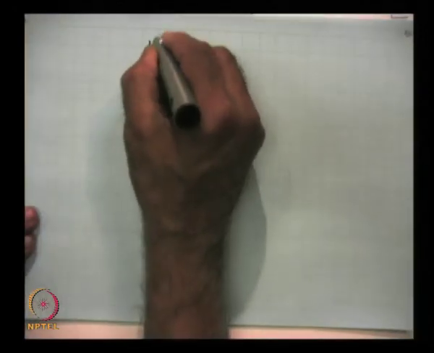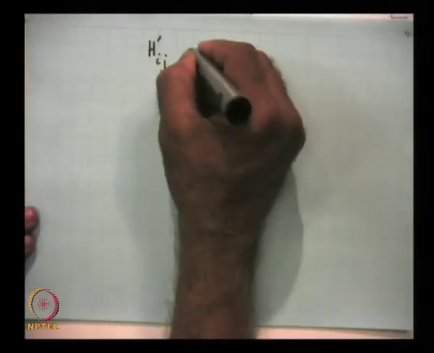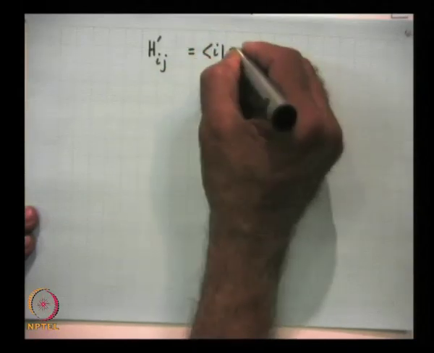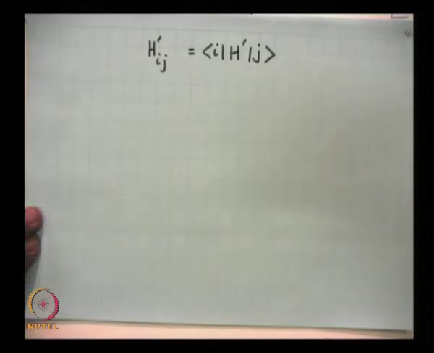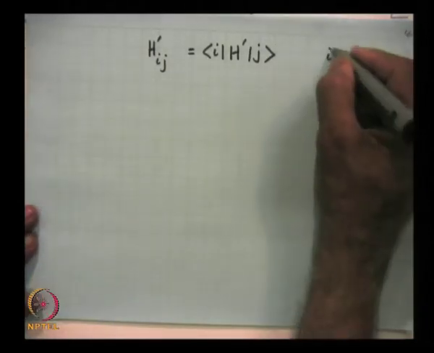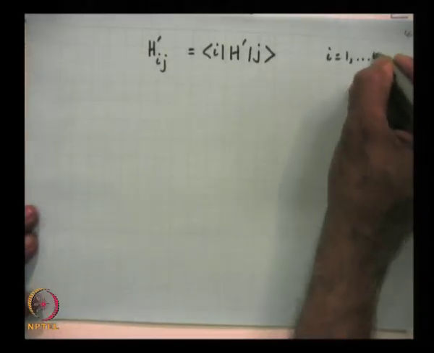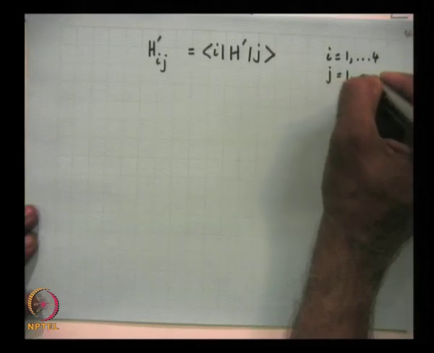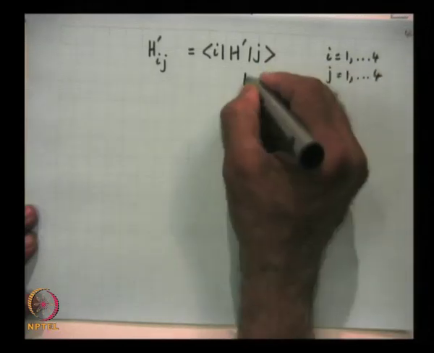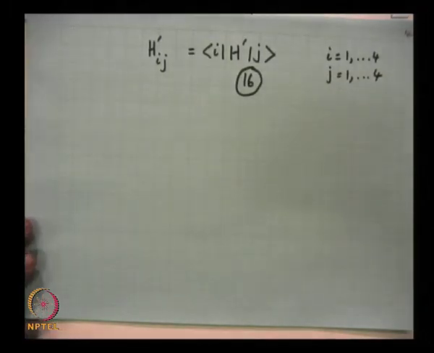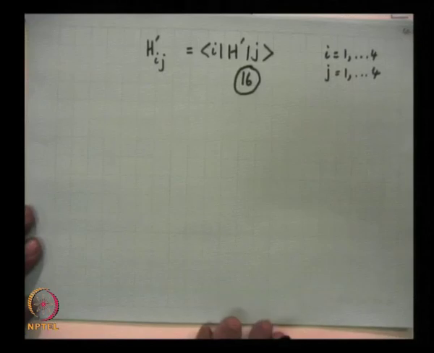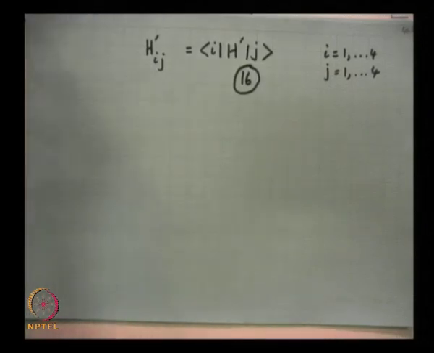So, we first calculate H prime i j, where i goes from 1 to 4 and j goes from 1 to 4. So, you will have a total of 16 matrix elements, and it is a brute force calculation.